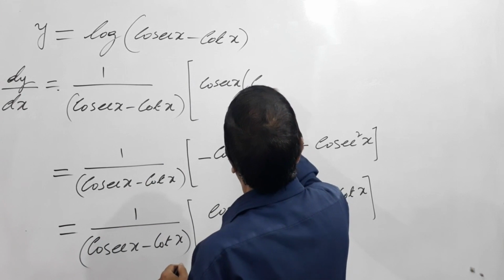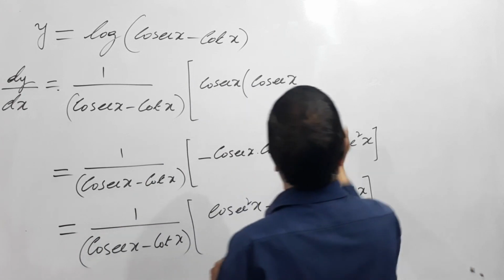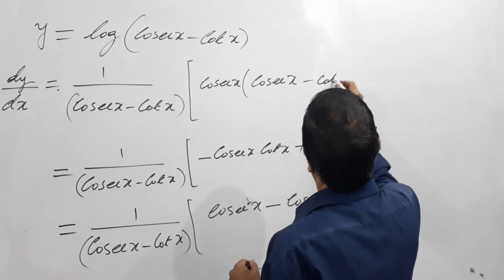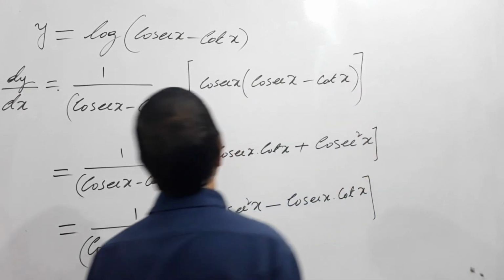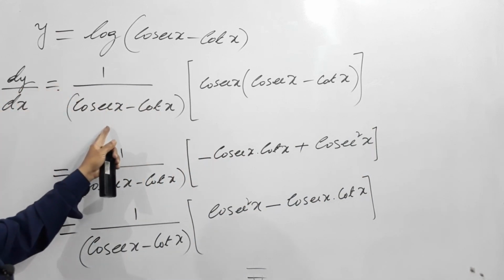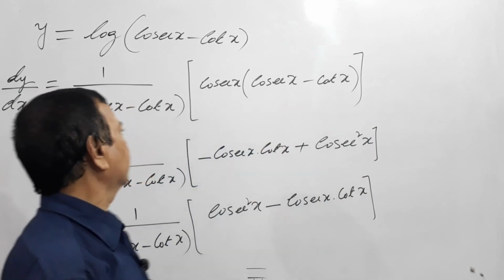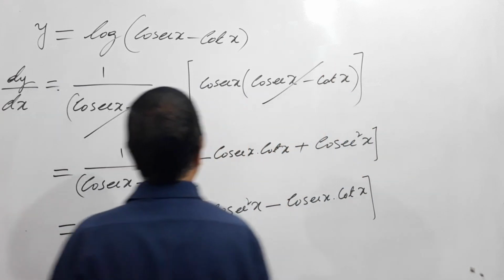So what happens here? We have cosecant x minus cot x. See here, we have cosecant x minus cot x and cosecant x minus cot x.